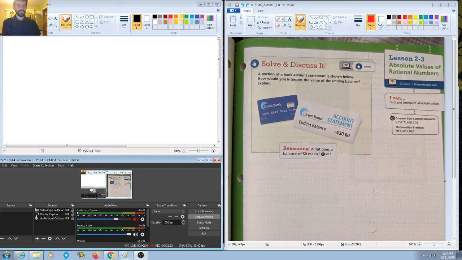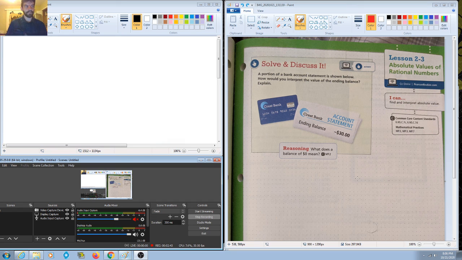So what this can be interpreted as is this person spent $30 more than what their available funds had for them at any given time. But it also means that they would have to pay $30 just to break even at 0.